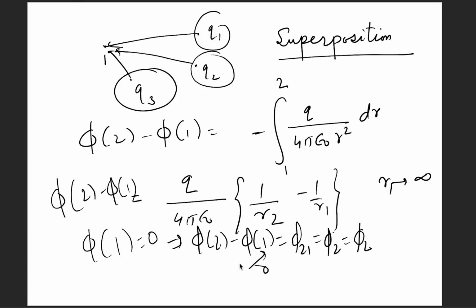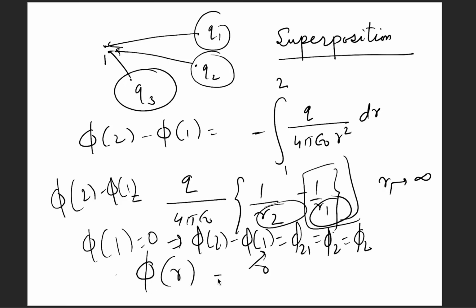We have assumed by convention that at infinity the potential is taken to be 0, and by this relation, if r1 is taken to be infinity, this term goes to 0, and this is just r2 or r. Instead of writing r2, I will just write it as r. So potential at any general point r from infinity is q by 4 pi epsilon naught times 1 by r.